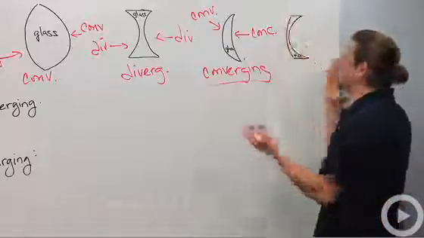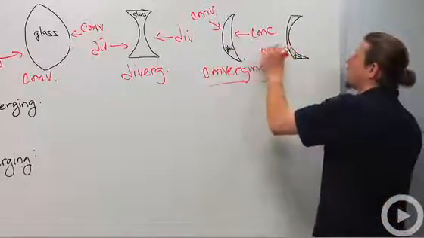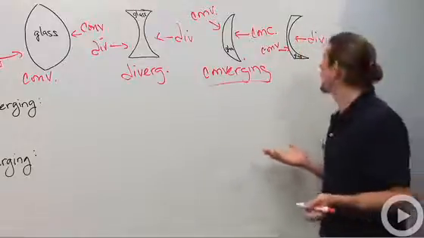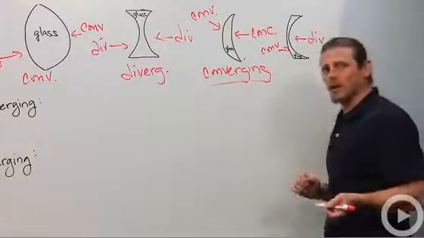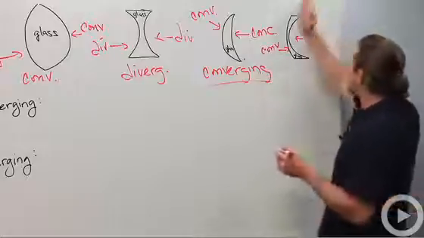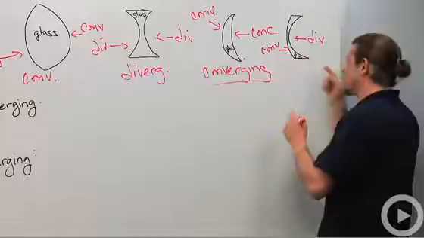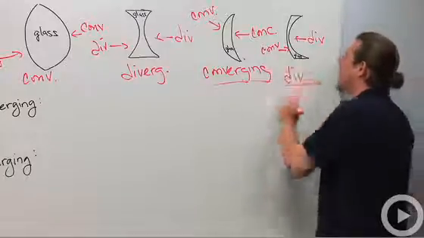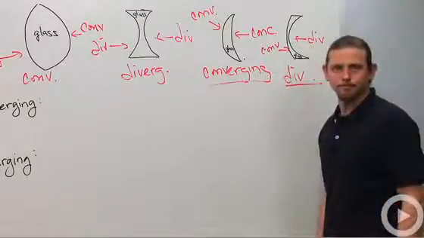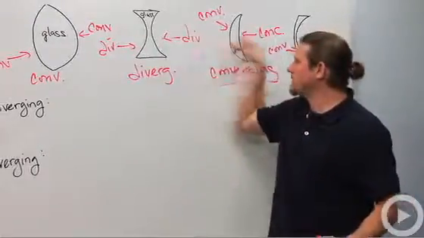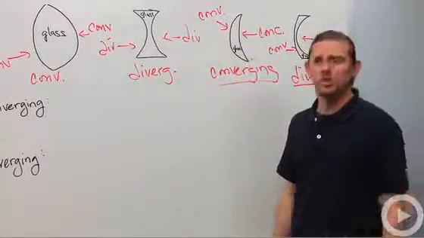All right, and then let's look at the last one. The last one, again, we've got converging, and on this side, we've got diverging or concave. But which one's more curvy? Well, in this one, it's more curvy on the diverging side. And that means the diverging wins, and this will be a diverging lens. All right. Now, it's really easy once we've seen these examples to do one in general.